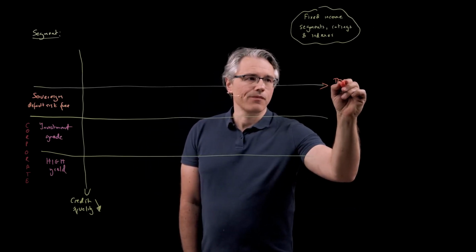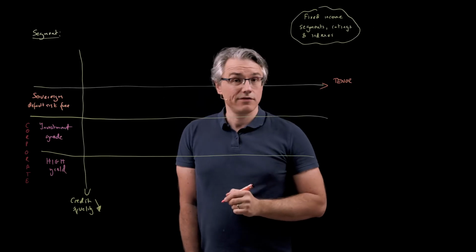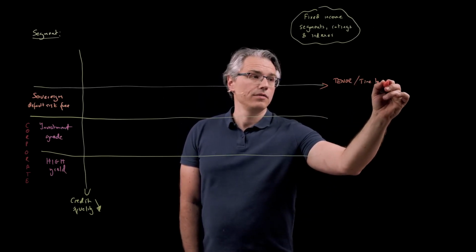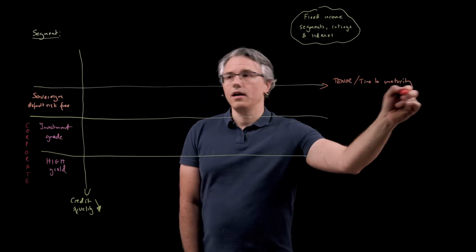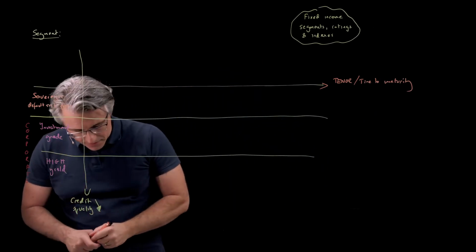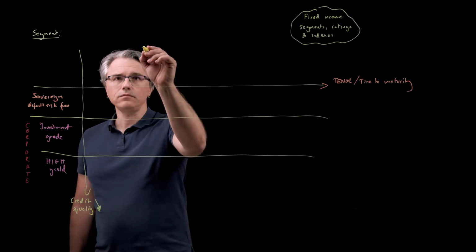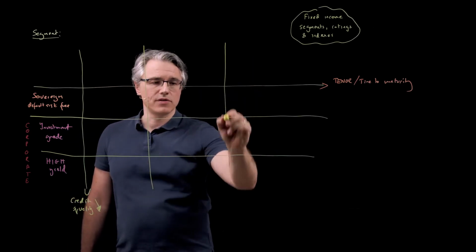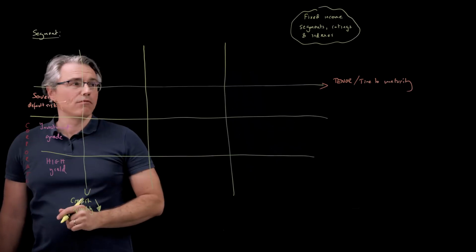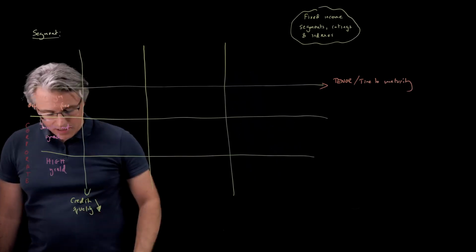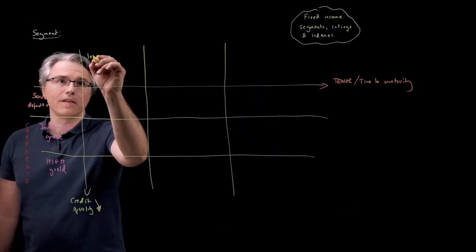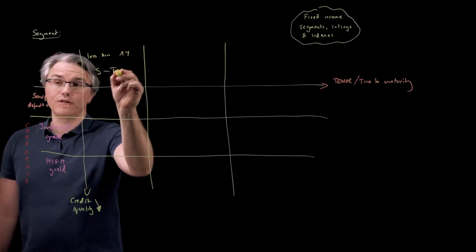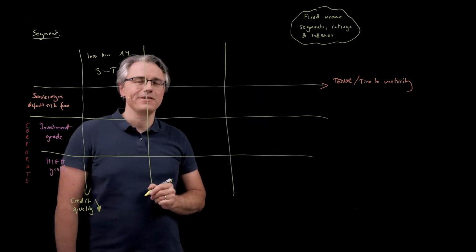Now, on the horizontal axis, as we go along this way, we're going to be increasing the tenor of the fixed income instruments. In other words, their time to maturity. We'll have the following headings in the individual columns, starting here with tenors that are less than 1 year, i.e. short-term securities.